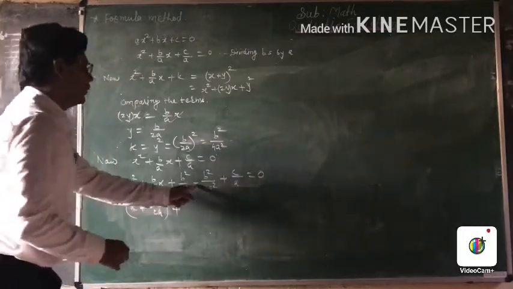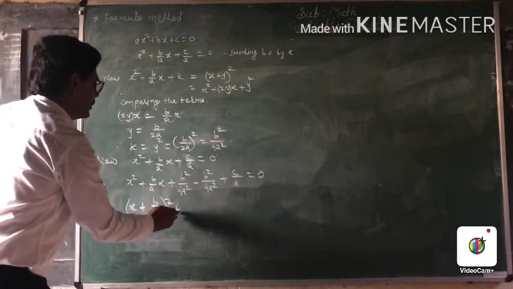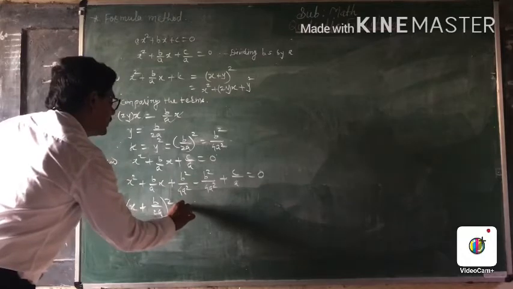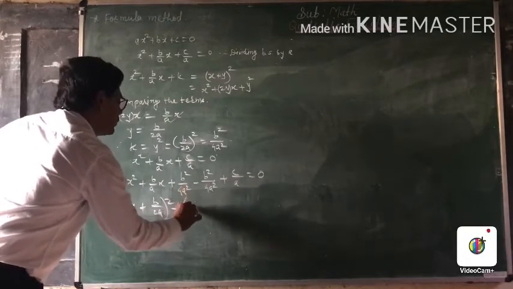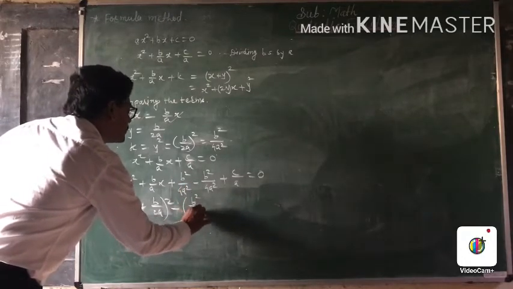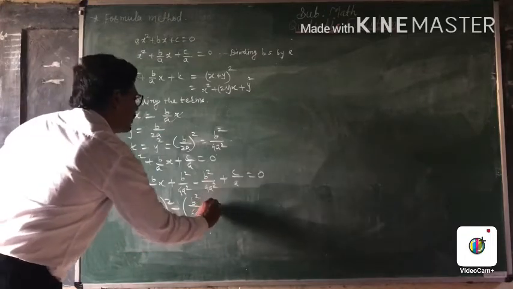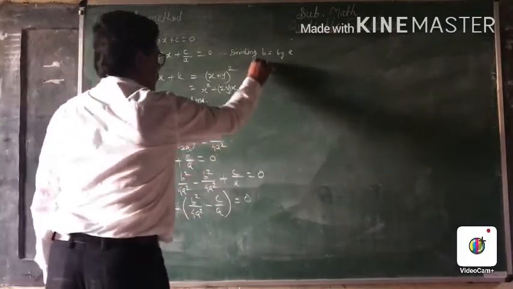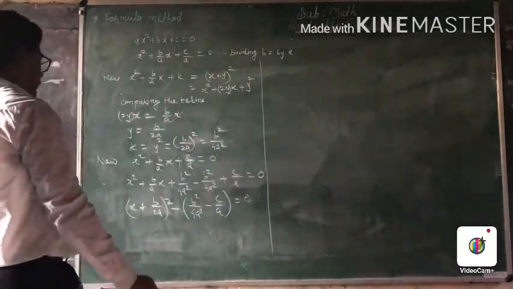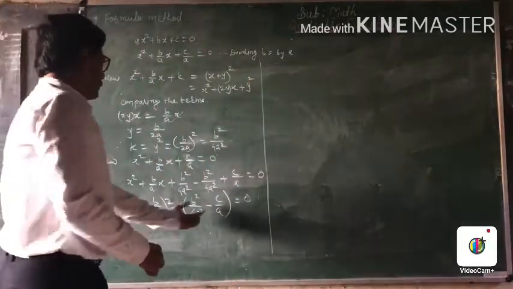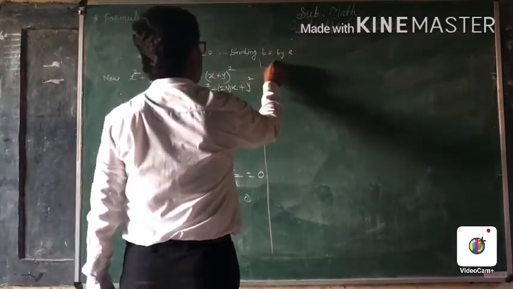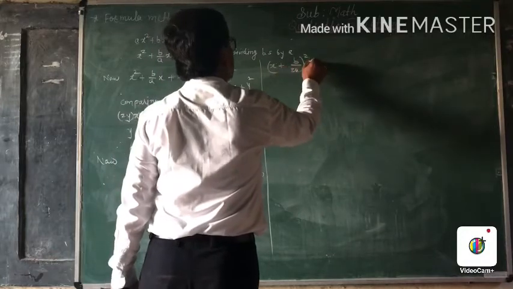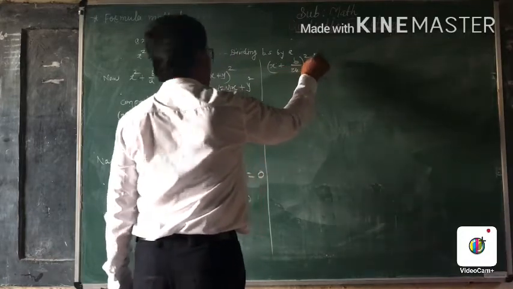Now here, we can take minus as common. Then what are the terms in the bracket? Minus minus plus b square upon 4a square minus plus minus c upon a is equal to 0. Solving this bracket, x plus b upon 2a bracket square minus.